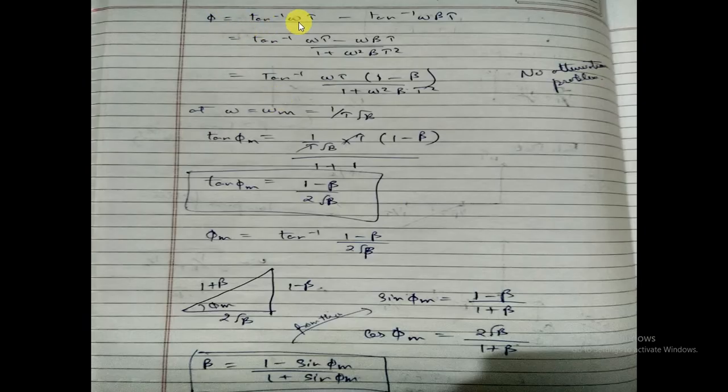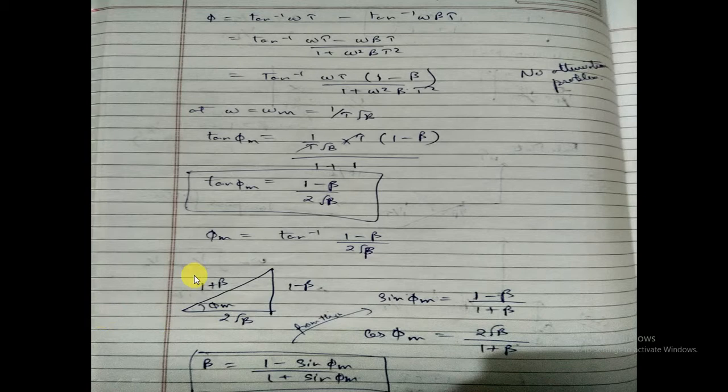For phi m, again we take the transfer function, then put j omega, then convert it into tan inverse form. After that, putting omega equal to omega m, putting the value 1 by T under root of beta, we will be getting tan phi m equal to this.